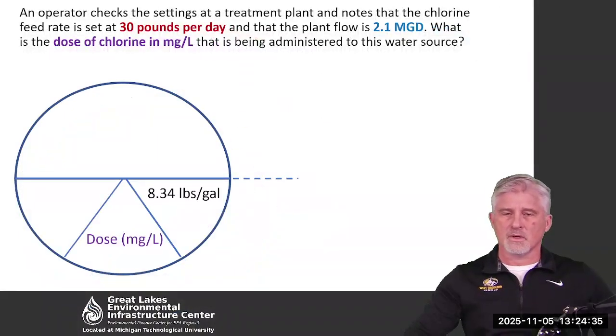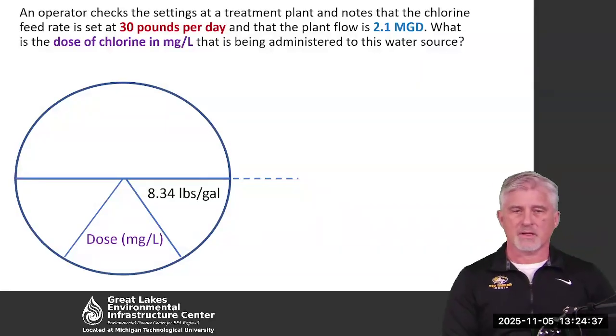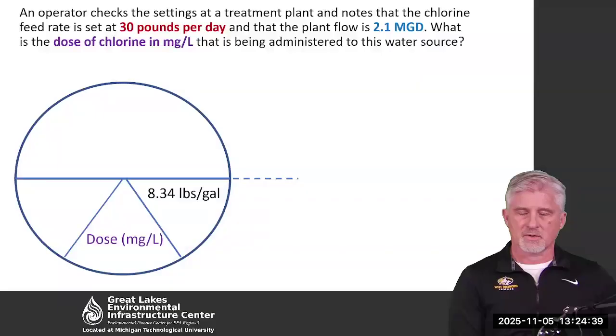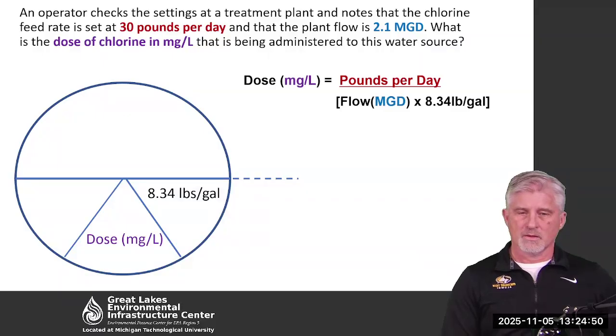All right, so an operator checks the settings of a treatment plant and notes the chlorine feed rate is set at 30 pounds per day and the plant flow is 2.1 million gallons a day. What is the dose of chlorine in parts per million that is being administered to this water source? So our dosage formula is pounds per day divided by flow and 8.34 pounds per gallon.